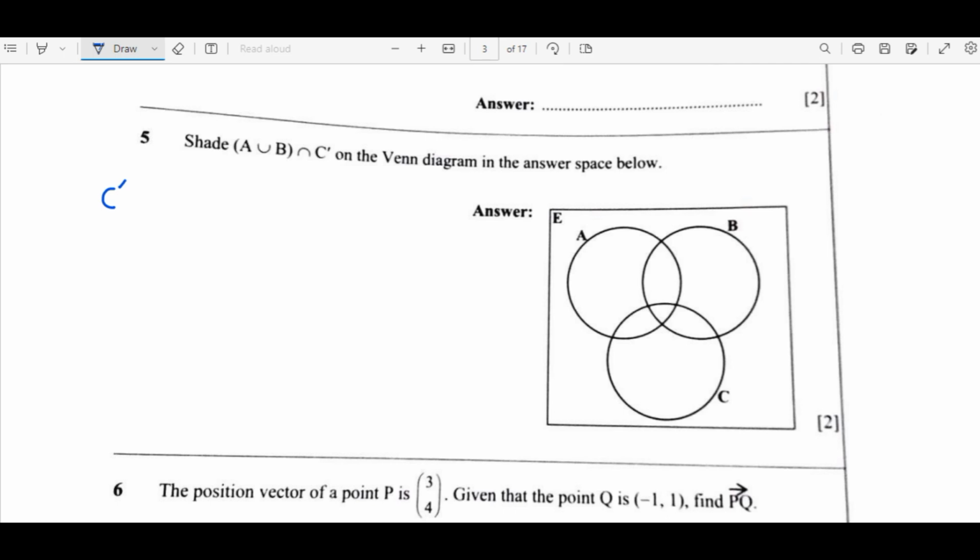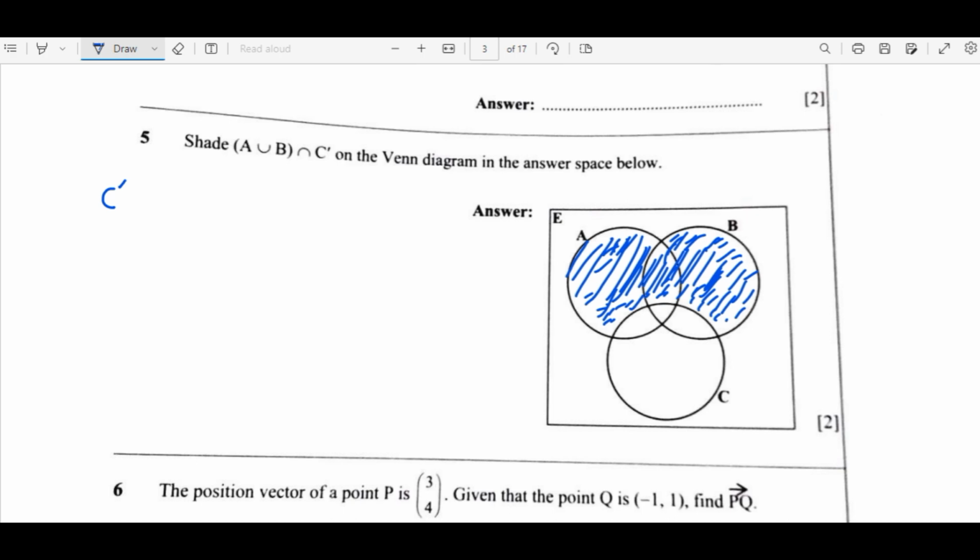Now they are saying shade A union B, so we have to shade the area given. You shade A, and then also shade B. Don't make a mistake of shading the area which is in C. That is the area we are shading. So that is A union B intersection C complement.